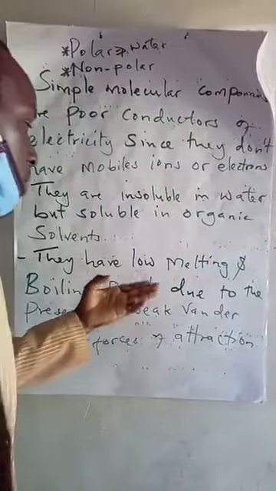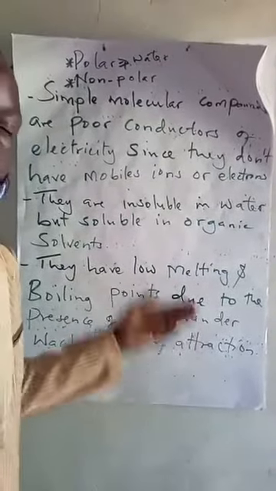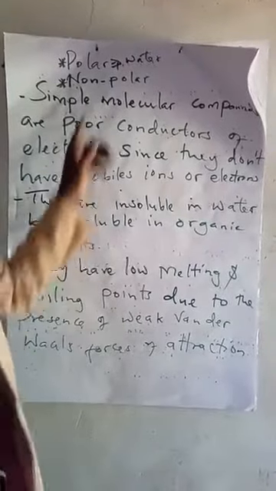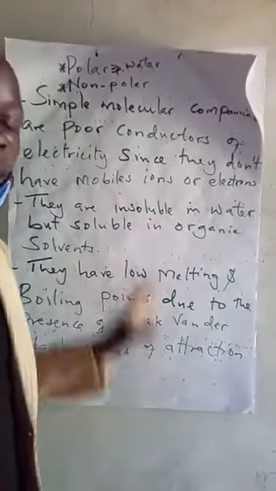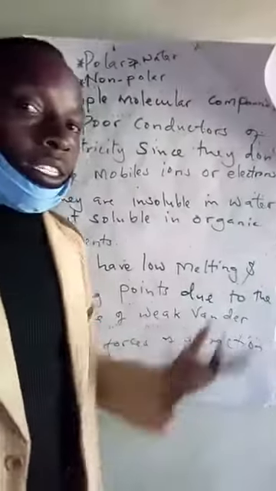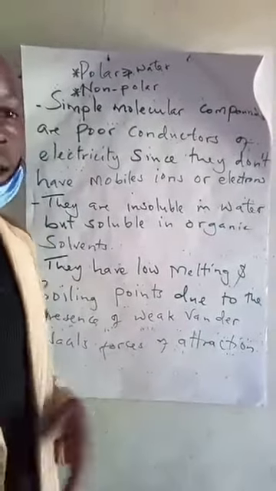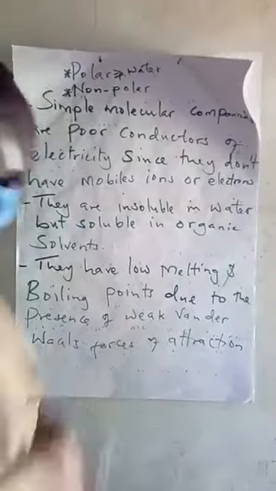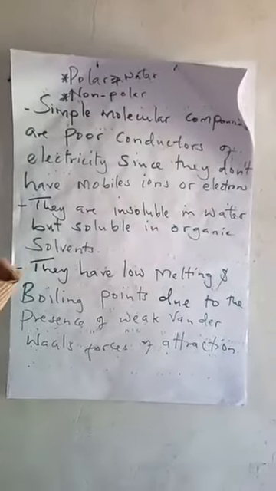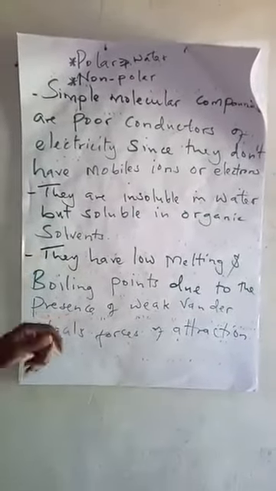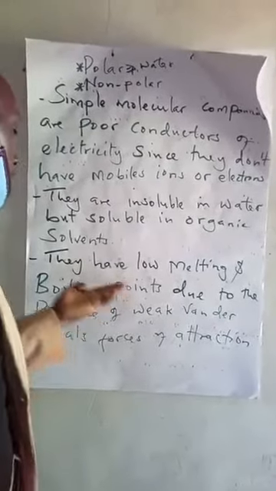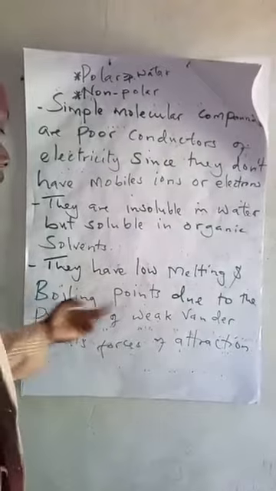They have very low melting and boiling points. And you will remember we have said most of these substances are gases at room temperature. Only a few of them are solids, a few of them are liquids. Because most of them are gaseous, they have weak van der Waals forces of attraction. That means they have very low melting and boiling points.